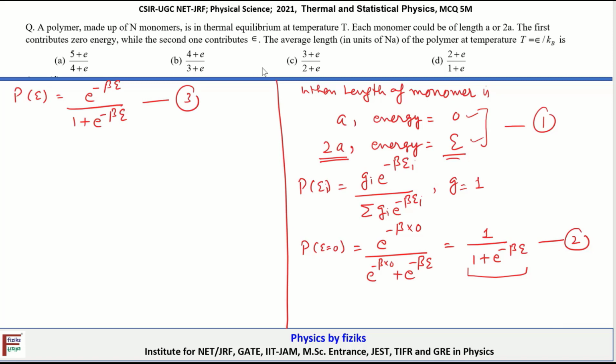Now the average length L is equal to the total number of monomers times the average length.